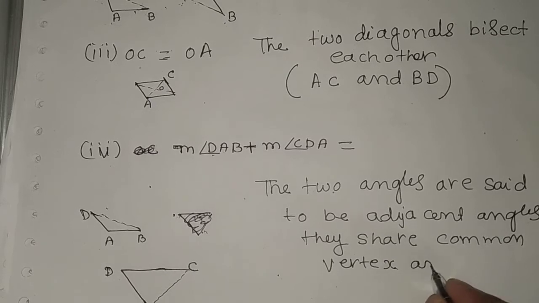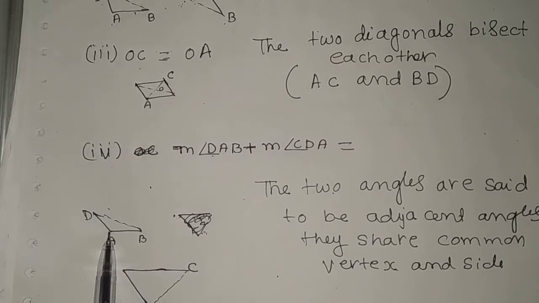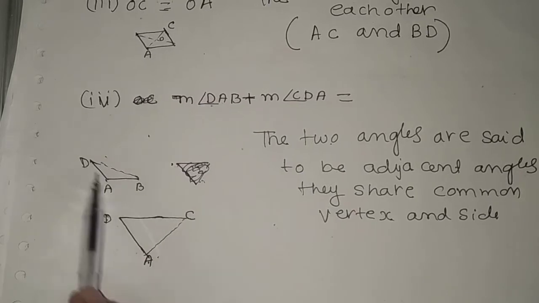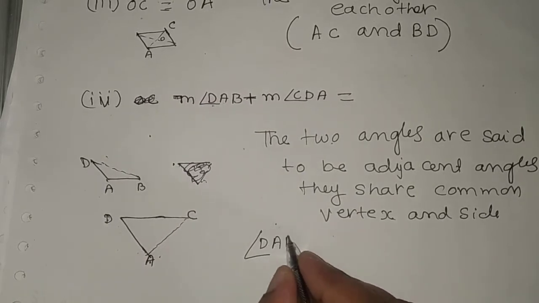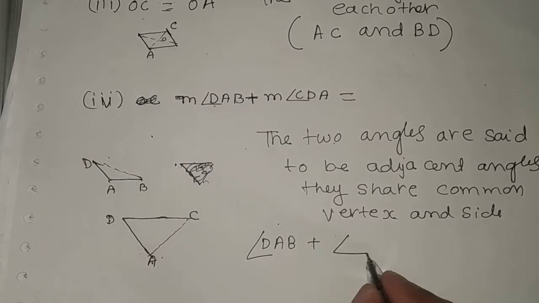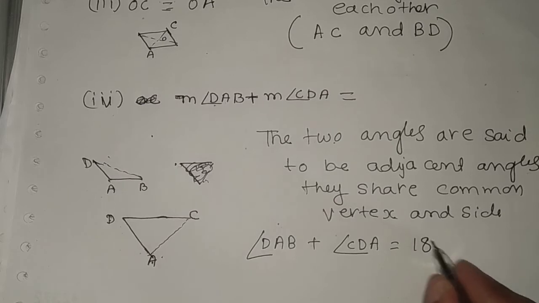The common vertex is A and the side they share is DA. Finally we write angle DAB plus angle CDA is equal to 180 degrees.